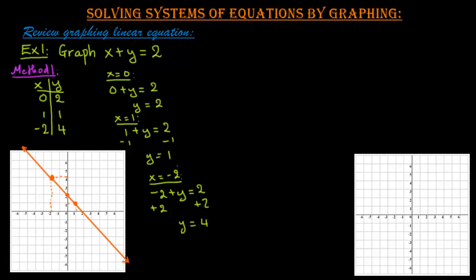That's it. Or we can also graph this one by method 2. Method 2, I'm going to use the slope-intercept form, where we have y equal to mx plus b, with m as the slope and b as the y-intercept.